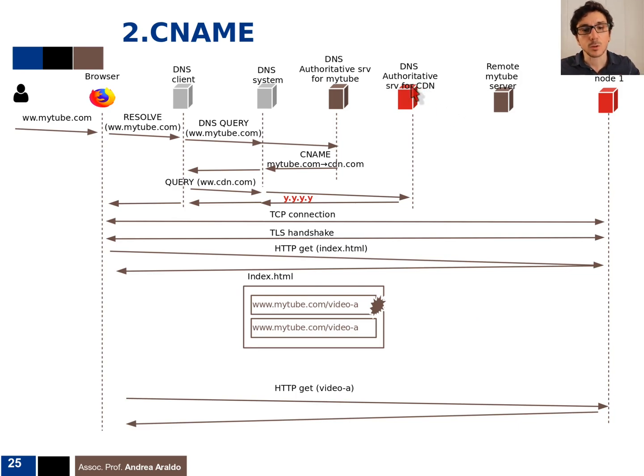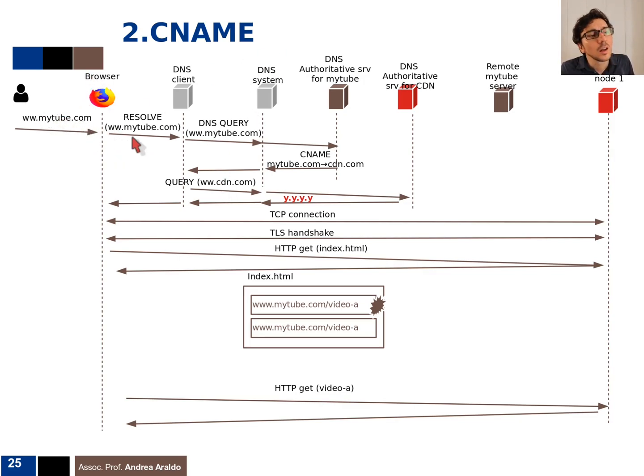I just added also the authoritative DNS server for the CDN. And observe that the actual content server of MyTube does nothing anymore. You see, it is out of the game. Okay, let's see how this technique works.